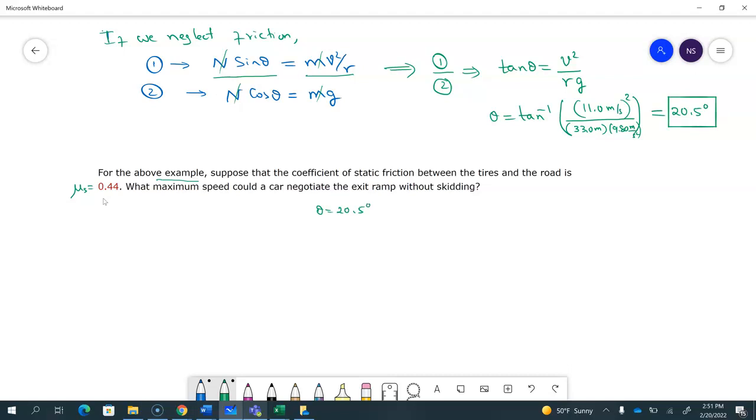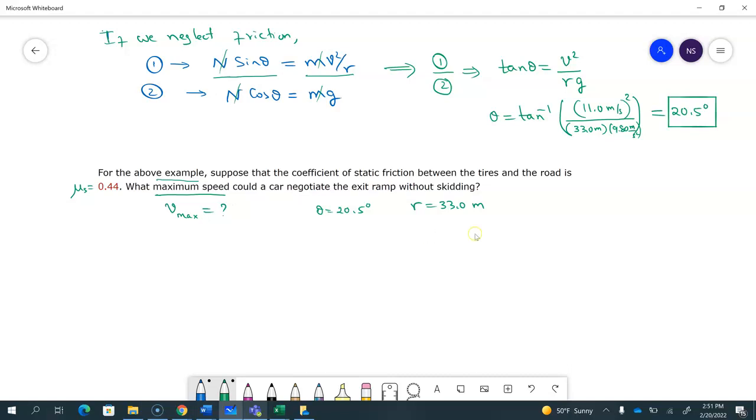And also take the radius, it's the same radius, 33 meters that we had from part A. And the question is, what maximum speed could the car negotiate the exit ramp to go on that without skidding? Or in other words, we want Vmax.